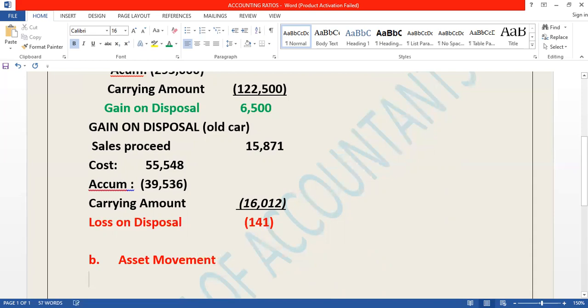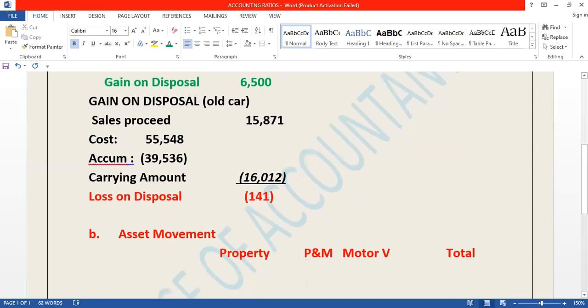So to calculate asset movement, like I said, you need the name of the asset: property, I will call it P and M, after P and M we have motor vehicle, and after motor vehicle we have total cost.